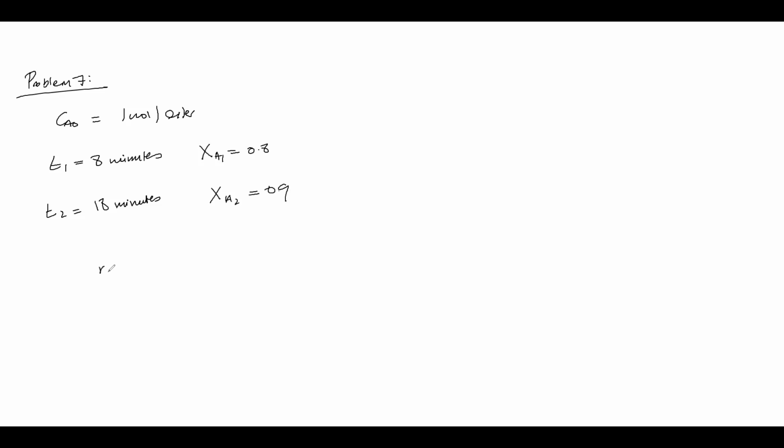You basically need to find n, right? Find the rate equation basically translates to find the order of this reaction. And this is really case number 4, interpreting batch reactor data for an nth order reaction.